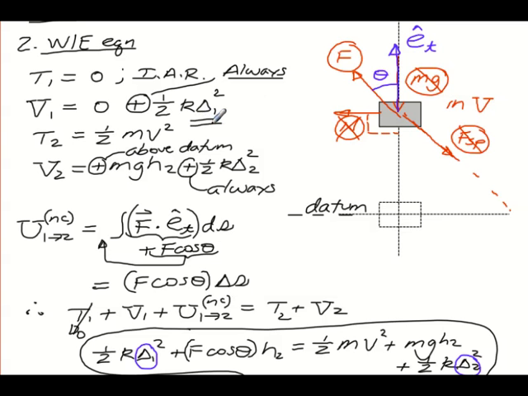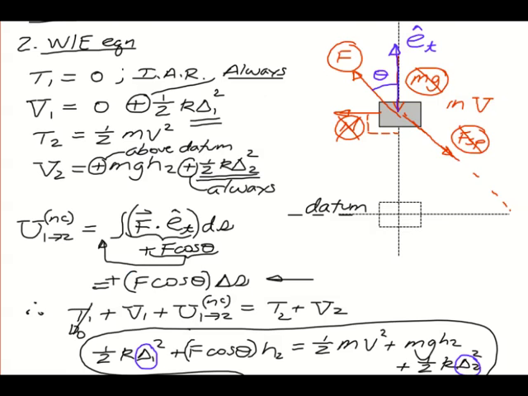T2 is the usual 1/2 mv squared. V2 will have a change in height, mgh2, contribution to potential. There is, of course, going to be a stretch in the spring at position 2, so we have that summed together. And the work done by F, that's plus, because its component along the path, F cosine, is always pointing the same way as the motion.